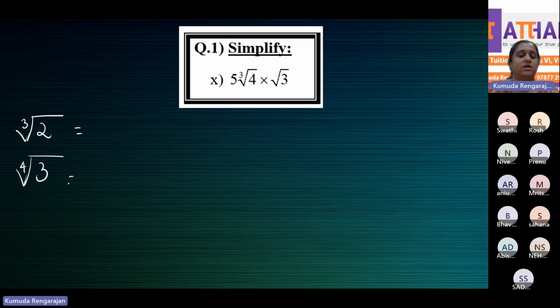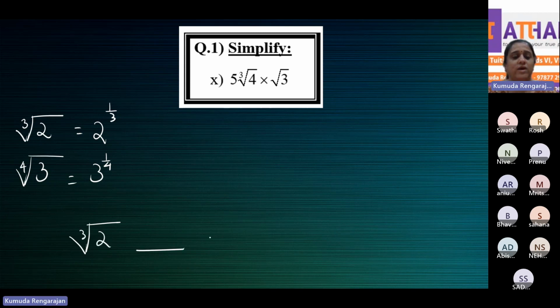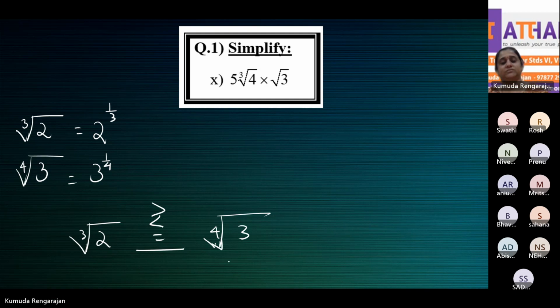Yeah, do this. Bring both to the same power. So let me start for you. This is 2 to the power 1 by 3. This is 3 to the power 1 by 4. Now you have to compare cube root of 2 and 4th root of 3. You'll have to use the correct sign, whether it is less than, greater than, or equal to. Yeah, do this. I'll just come back, children. Please work on this.